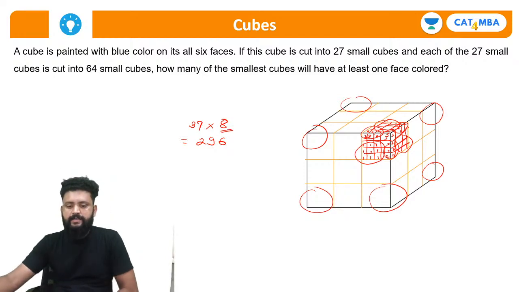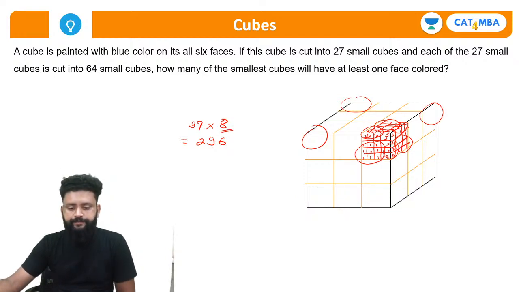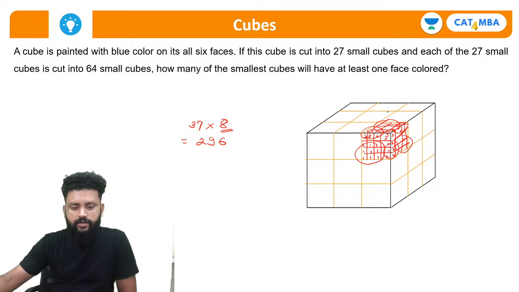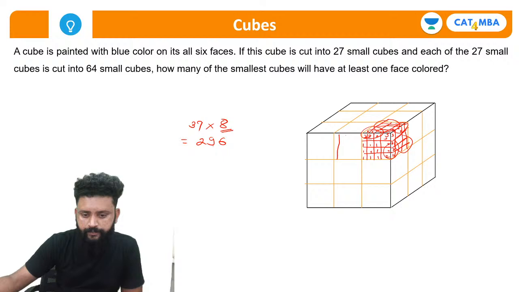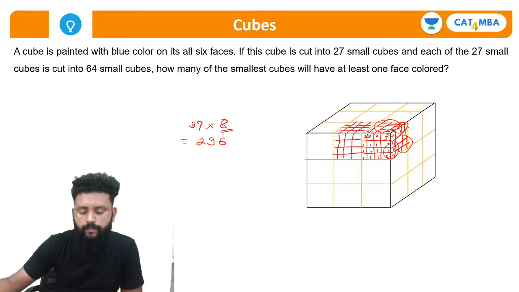Now we'll move to the next thing, two surface painted. So let's take any of the two surface painted cubes. Let's take this. Okay, so this is the 4 by 4 structure.